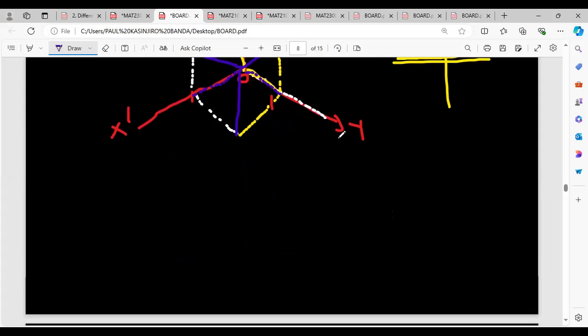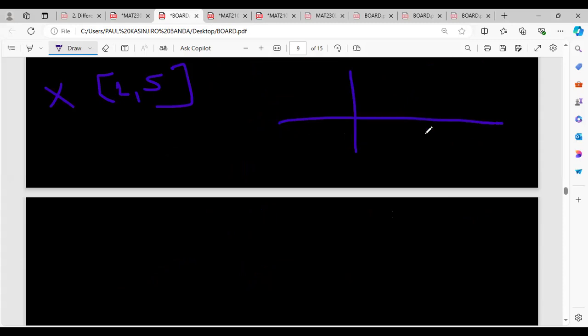So if I have an interval, let's say 2 and 5, and this interval is in the X coordinate, if I draw it like that, I'll have 2 here, and then I'll have 5. For me to show this interval here, I'll draw a line that is parallel to the y-axis. Even here, I'll draw a line that is parallel to the y-axis. You've seen, and then this will be my area there.